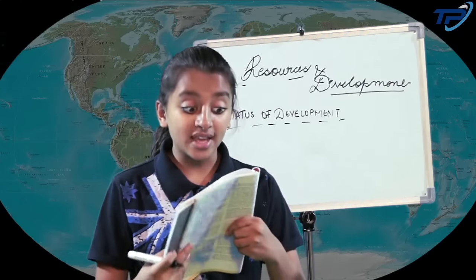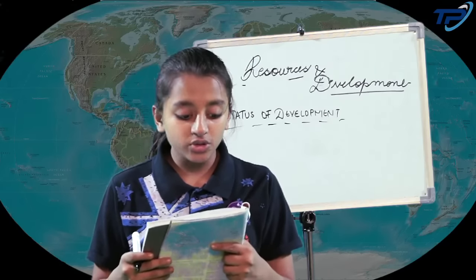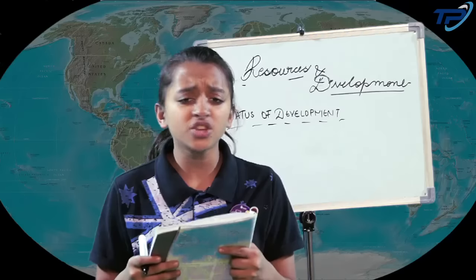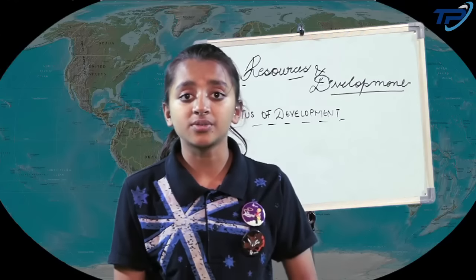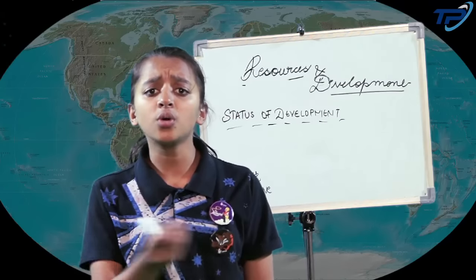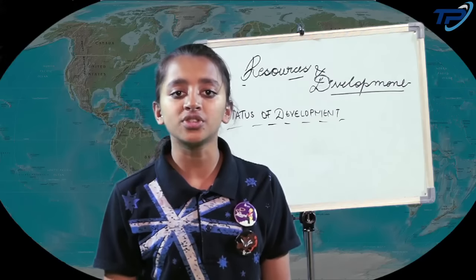The example given in the book is that water is a compound of two inflammable gases, hydrogen and oxygen, which can be used as a rich resource of energy. But we do not have the required know-how to use them for this purpose. We do not have that technology, that's why we cannot use them.